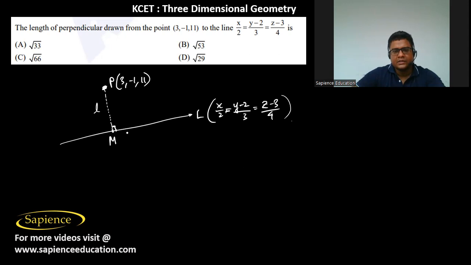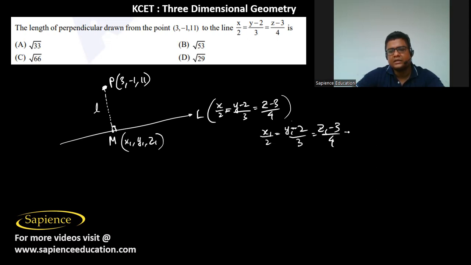Let that point be M. So any point on the line, let it be (x1, y1, z1). It should satisfy the equation of the line also. So x1 by 2 equals y1 minus 2 by 3 equals z1 minus 3 by 4, and let that be equal to lambda, suppose.